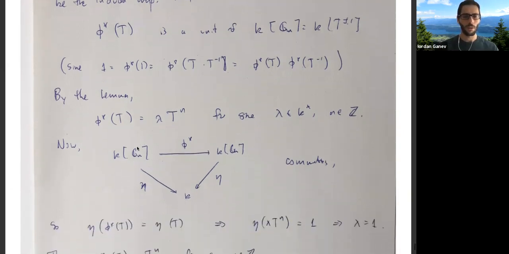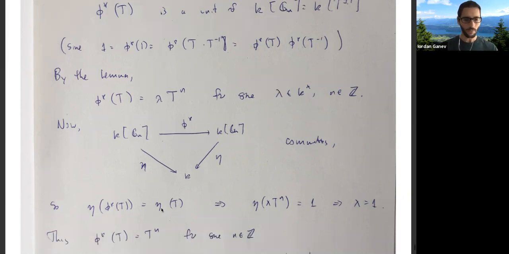If we start with t here, then it goes to lambda t. And if we start with t here and apply eta, as we said before, eta takes t to 1. But if we do phi star and then apply eta, then we get lambda. So eta then phi star of t equals eta of t. That's what the diagram asserts.